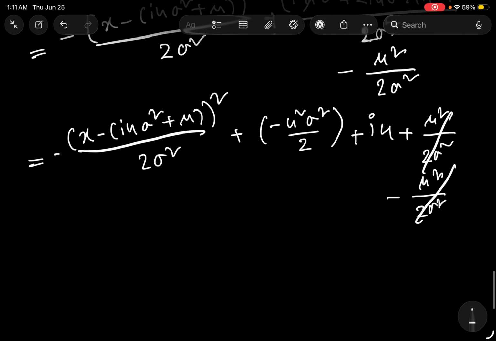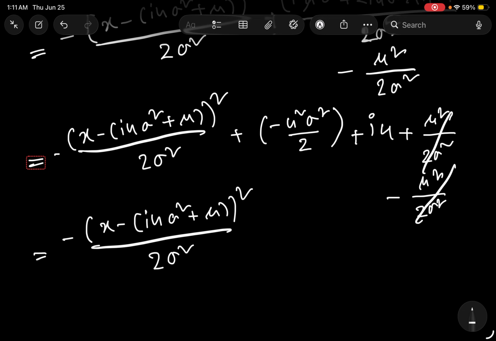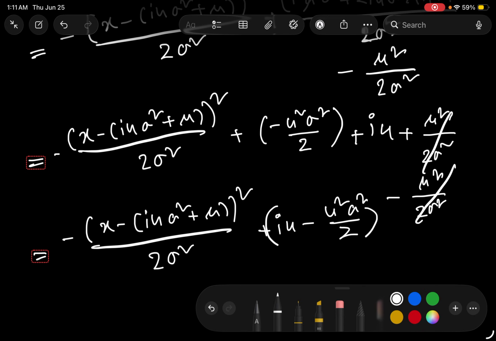This gets cancelled, then you have i u mu minus u square sigma square by 2. I think we have simplified enough.